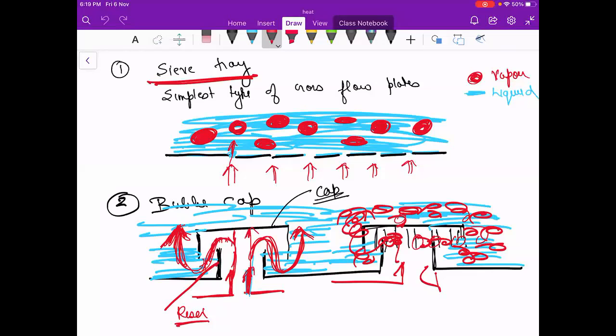Pressure drop, why is there a pressure drop? You are doing fluid mechanics in the morning batch, na? Tell me, when will there be a high pressure drop in the system?